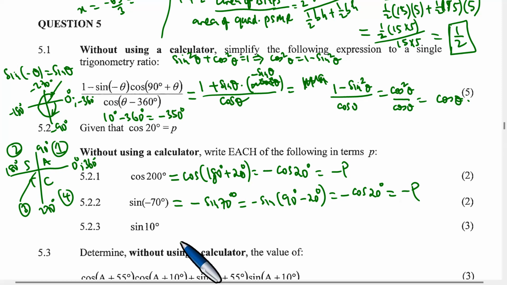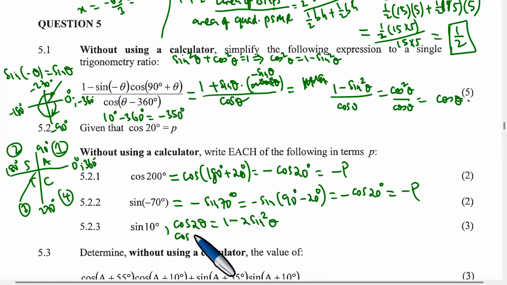There are many ways to do this question, as a matter of fact, but the most obvious would be if you have 10 and 20, the 20 is a double angle. It then means that we can say cosine 2 theta is the same as 1 minus 2 sine squared theta.